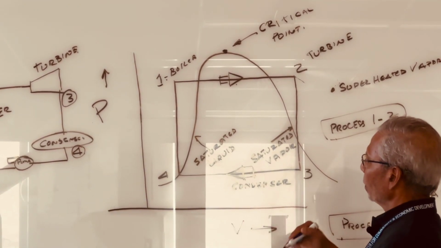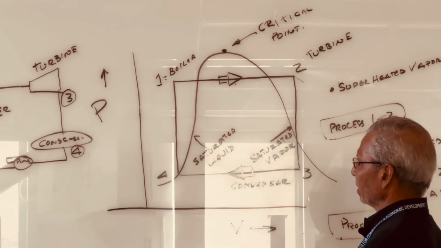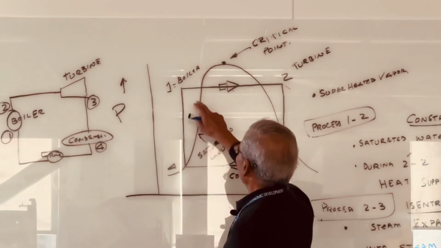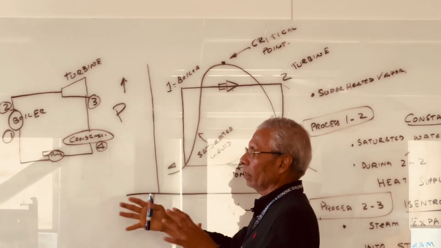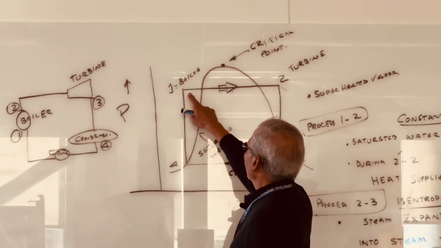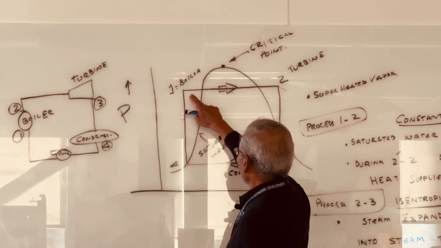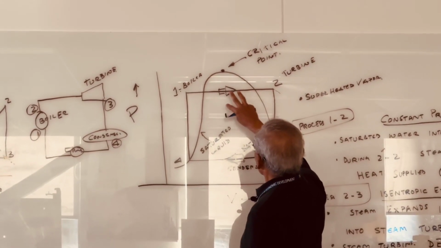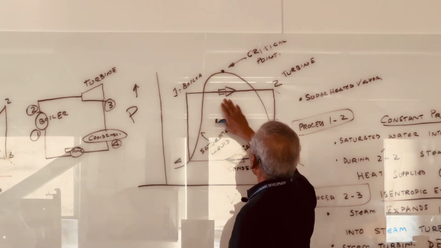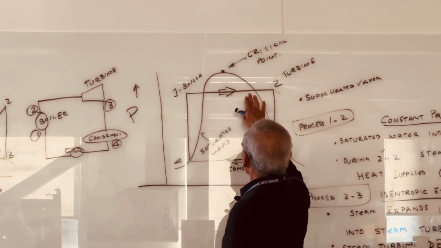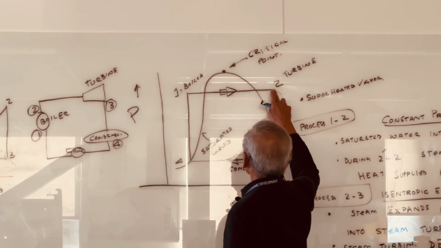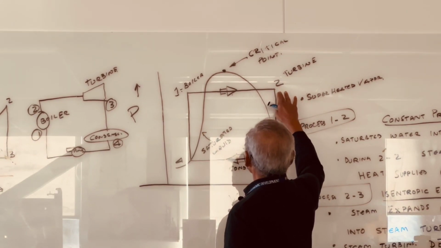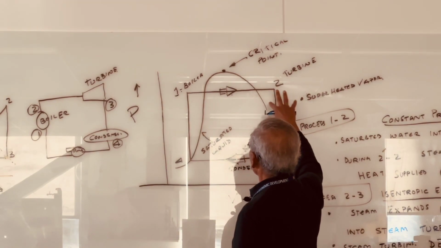And then if you overlay the Rankine cycle, basically you heat the water in the boiler at constant pressure, turning it from liquid to saturated vapor to superheated vapor, which is steam, and that goes to the turbine.